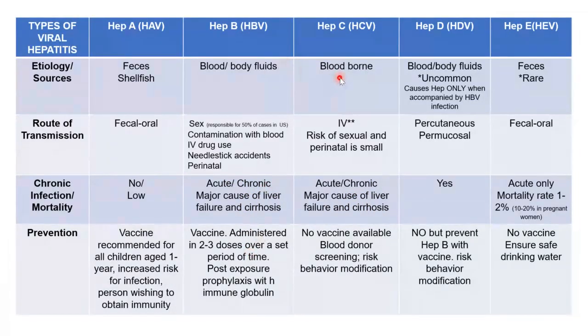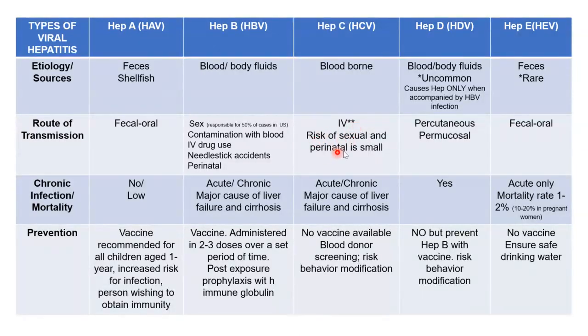Okay, the next one, hepatitis C, is bloodborne. It's passed by blood. The most common route of transmission is IV drug use, and in the US it has increased significantly. Hepatitis C is kind of the new HIV. It's increased significantly due to the opioid epidemic.